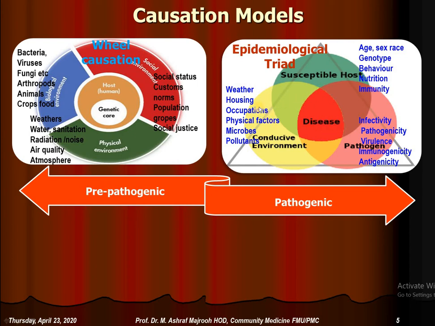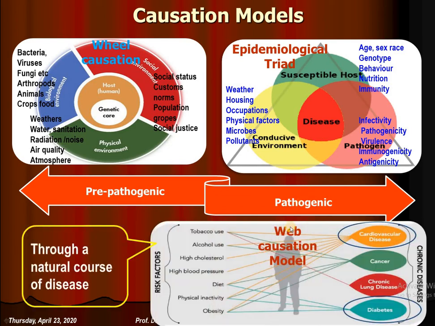And in the environment, weather, housing, occupation, physical factors, microbes, and pollutants will determine disease causation. So in the epidemiological triad, the infectious agent, the host, and the environmental factors mutually interact, and they participate in the disease causation phenomenon.